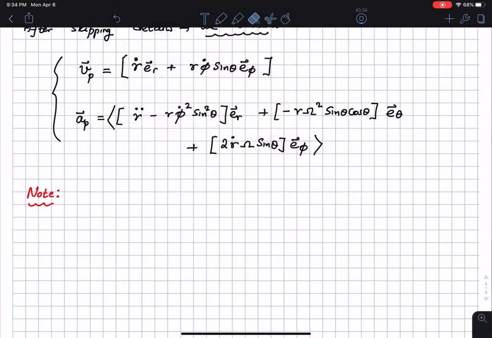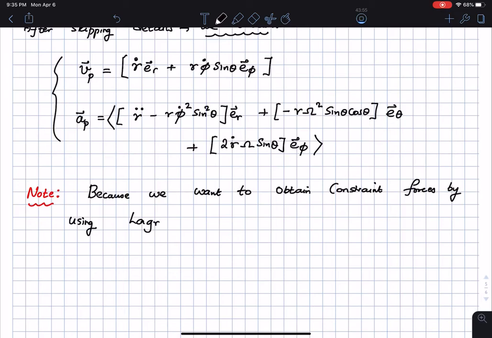Because we want to obtain the constraint forces by using Lagrange multipliers, we will write the kinetic energy and potential energy in terms of the configuration coordinates.